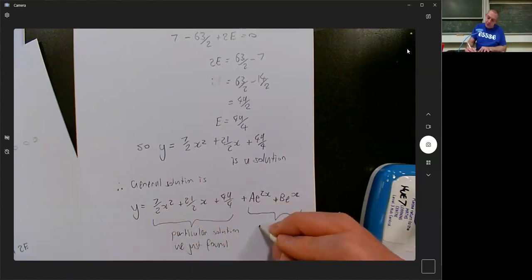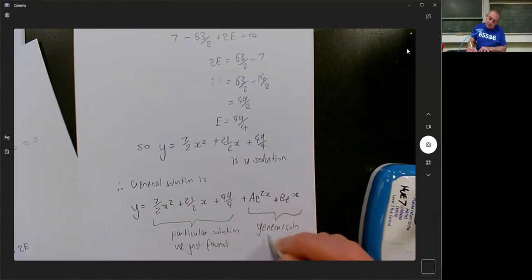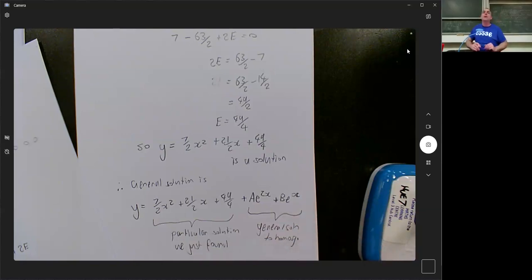And this was the general solution to the homogeneous one, which we found earlier. If you were given this problem raw, you would have to go and do that homogeneous thing first and then do this.